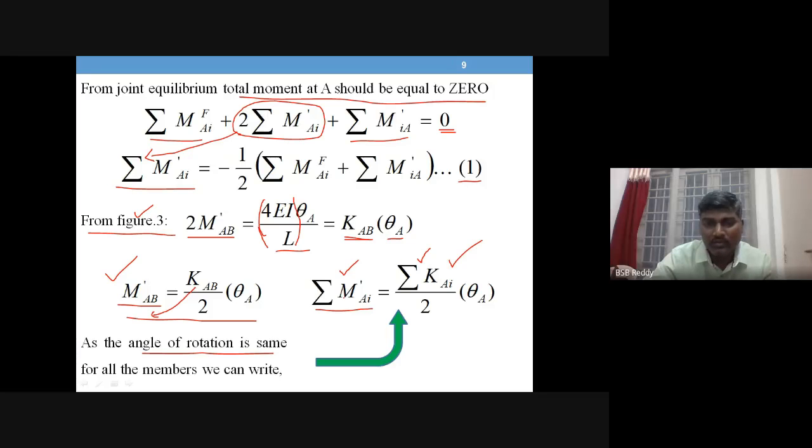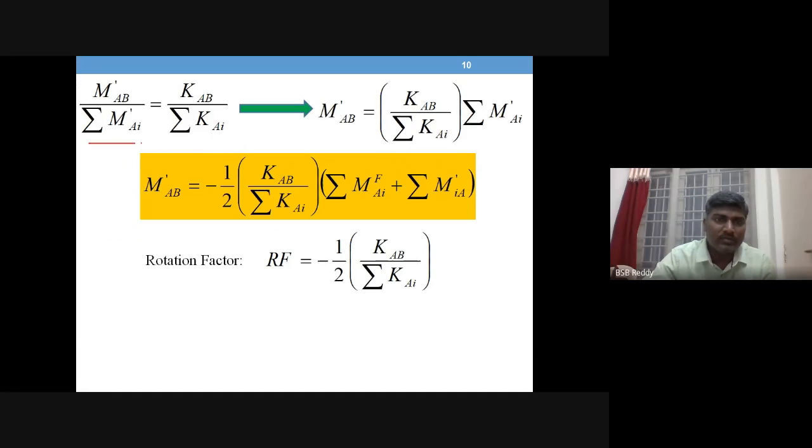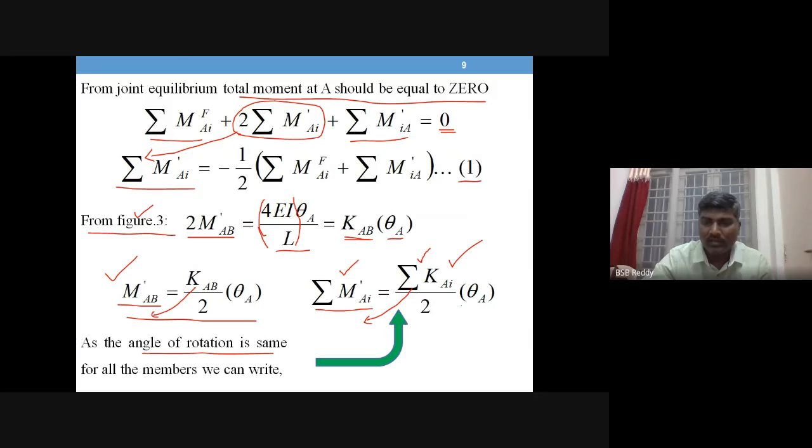Similarly, sigma M dash AI divided by sigma KAI is equal to theta A by 2. So now I can write: M dash AB by KAB is equal to sigma M dash AI by sigma KAI, because theta A by 2 is common in these two.